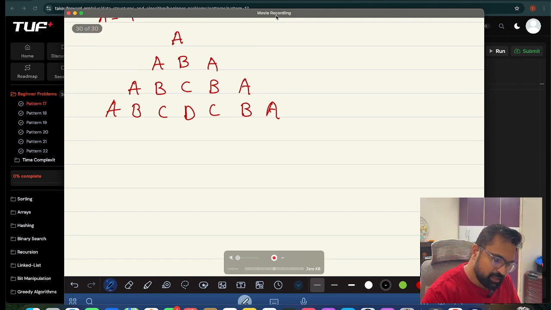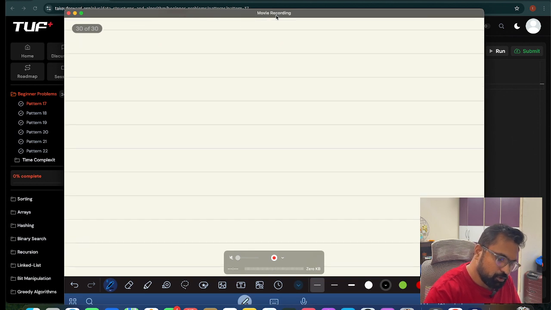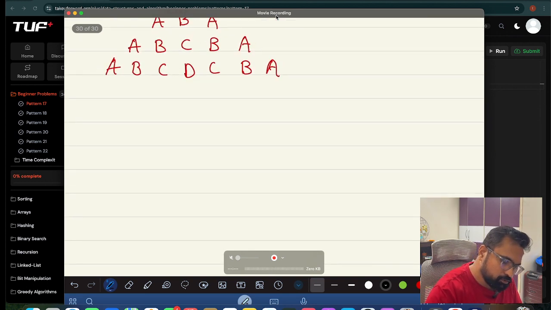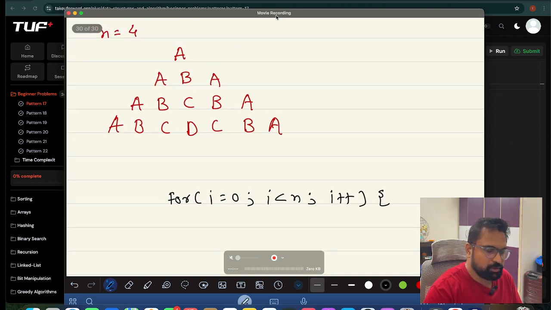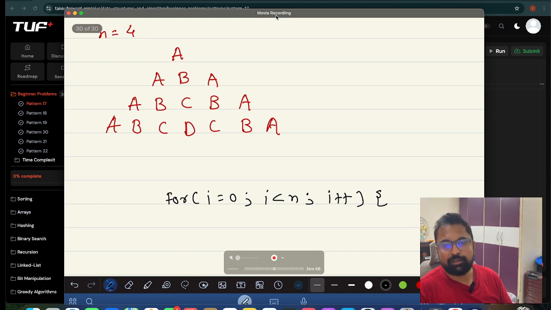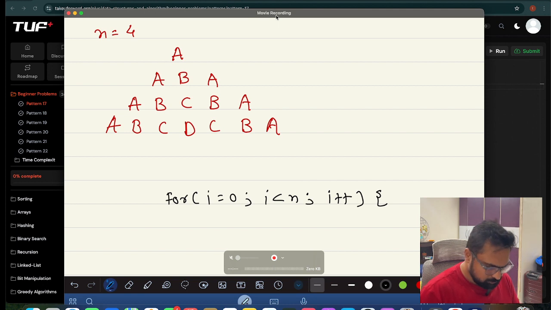So we will write our first loop, which is the outer loop, here: for i equal to 0, i less than n, i plus plus. We understand this, right? How we are writing this, looking at the number of rows. We have seen this in the past few examples also. Okay, that is defined.